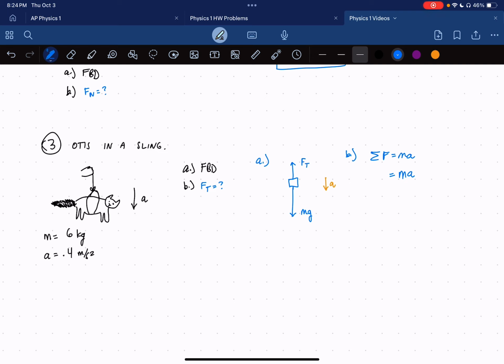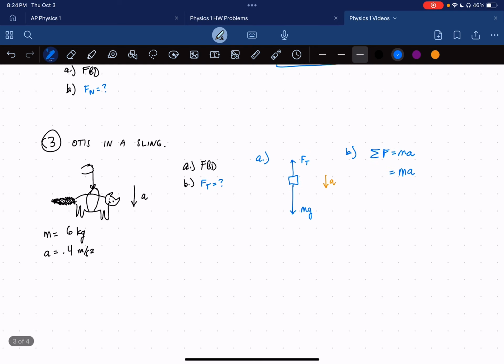We need to put the two forces, and we go with the force that is in the direction of a. This effectively ensures that we always get a positive answer here. Always, is that true? Well, for this problem, it's true. So we want to put mg first, and we want to subtract the Ft.